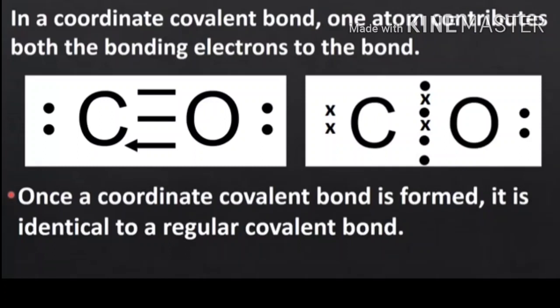It is identical to a regular covalent bond, as during the formation of the coordinate bond, oxygen is donor, therefore there is a partial positive charge on the oxygen atom, whereas carbon is acceptor, so it acquires a partial negative charge.